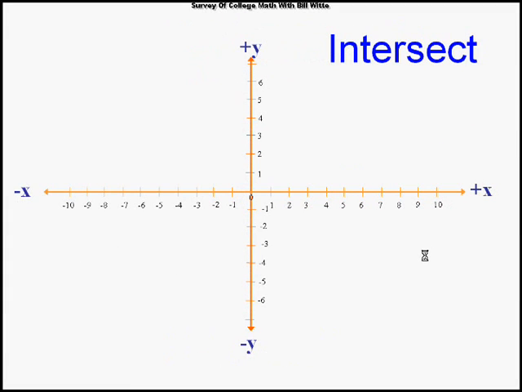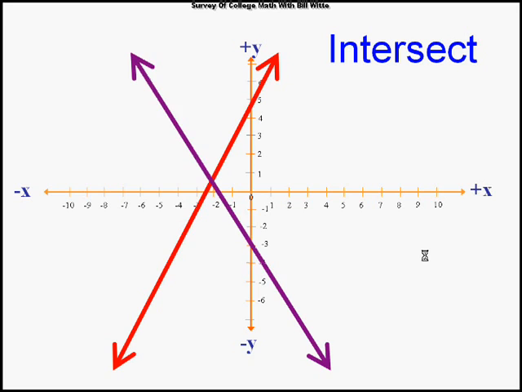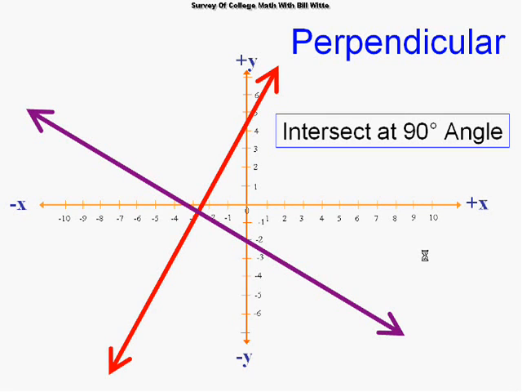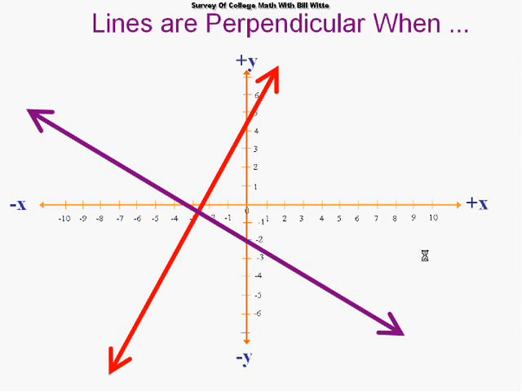Now, remember, when things intersect, they look kind of like that. But they could also intersect at a 90-degree angle. Remember what that is? Lines are perpendicular when they intersect at a 90-degree angle.